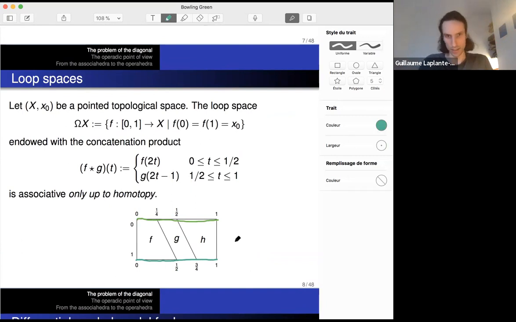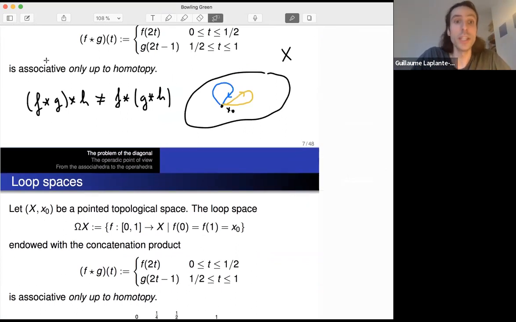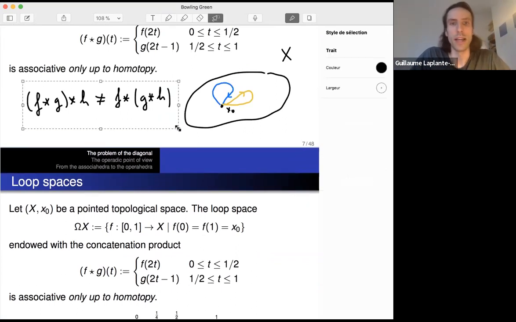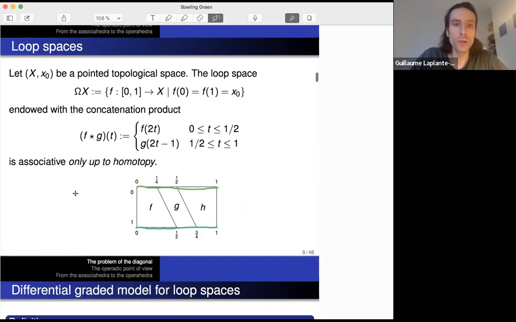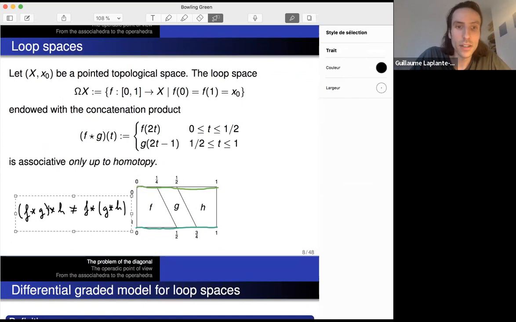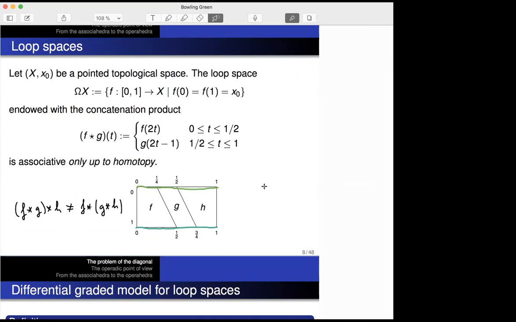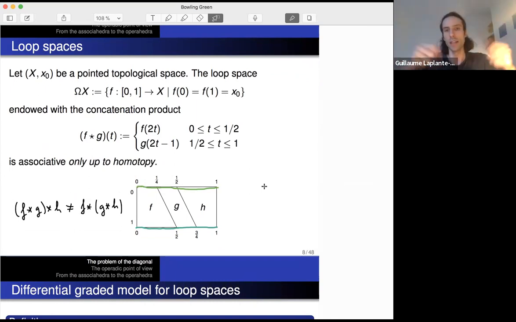So if you have these two parenthesizations, they're not equal, but they are homotopic. And if you take two homotopies between these parenthesizations, it turns out that they are also homotopic. And so on. So there's a big tower of homotopies encoding this defect of associativity in loop spaces.